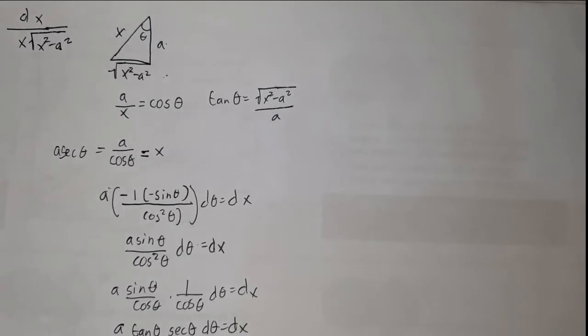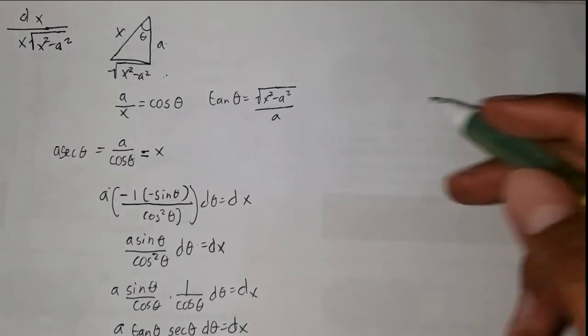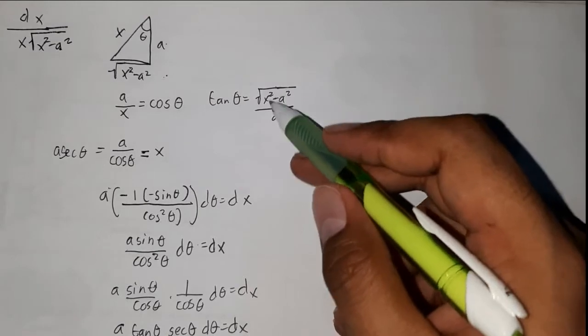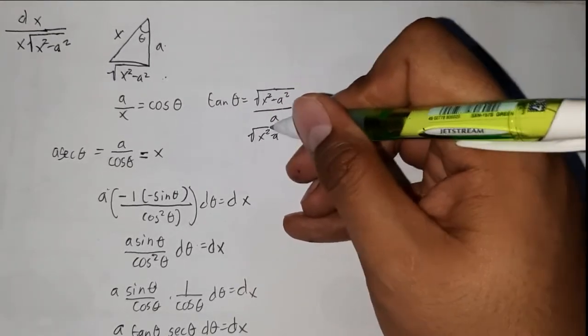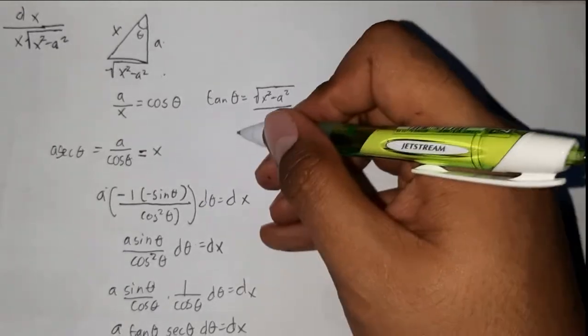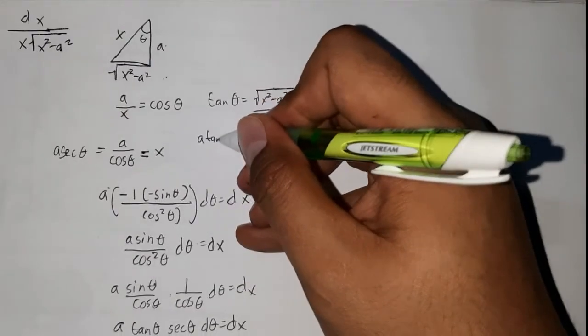So the square root of x squared minus a squared is a tangent theta.